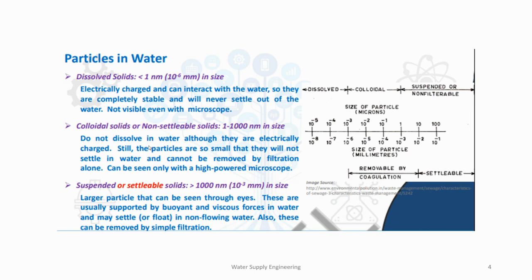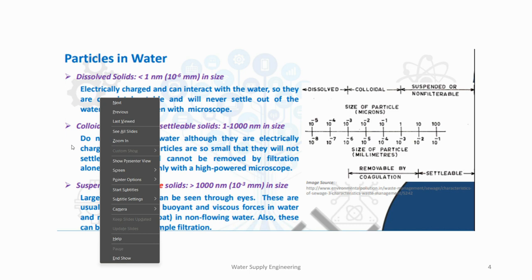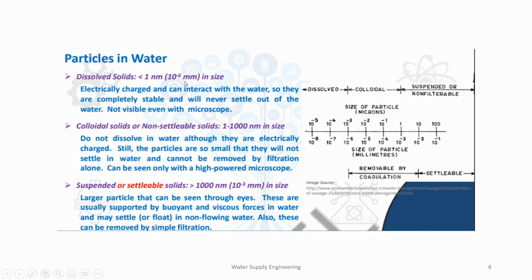Now, the second category, that is colloidal solids or non-settleable solids, though they are also electrically charged, they do not interact much with water and hence they are not completely stable. So these colloidal solids actually have properties that lie between dissolved solids and suspended solids.